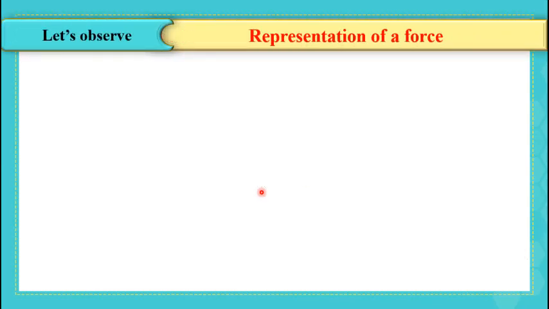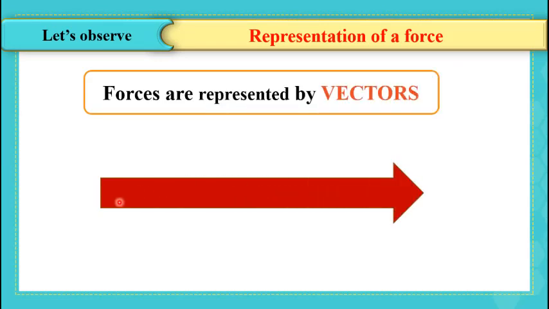As we have heard in the previous slides, forces are represented by vectors. But why? Since vectors allow us to indicate or determine all the characteristics of a force. How? The beginning of the vector tells us about the point of application of the force.